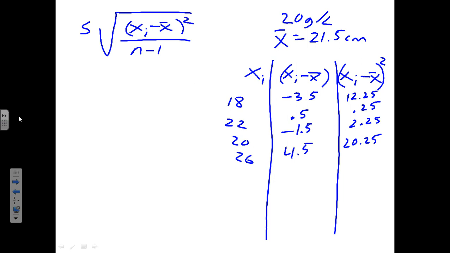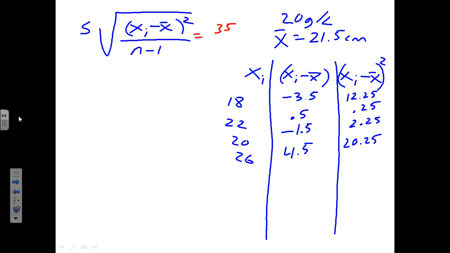So according to our standard deviation equation, what do we need to do next? Yeah, sum up that last column of our table, right? So we add up all those numbers there at the end. 20.25 plus 2.25 plus 0.25 plus 12.25. Now I'm getting 35 there. So this part of my equation is 35, the top part.